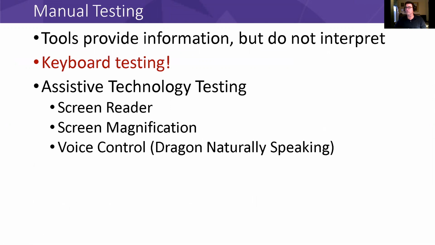So manual testing is really the way you catch all those things that the automated testing doesn't get. So that's the other 90%. Now there are tools that don't interpret. You click a button and it says, here's what I found. You tell me if it's accessible. And then I called out keyboard testing. The best way to keep your stuff accessible, use a keyboard, don't use a mouse.